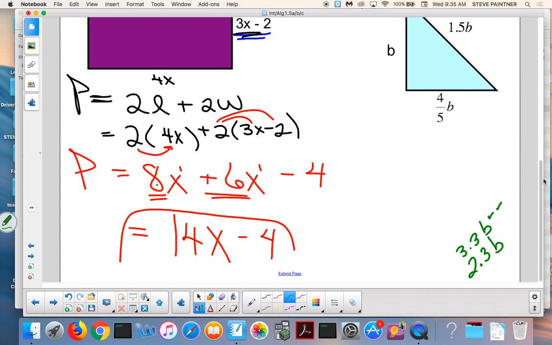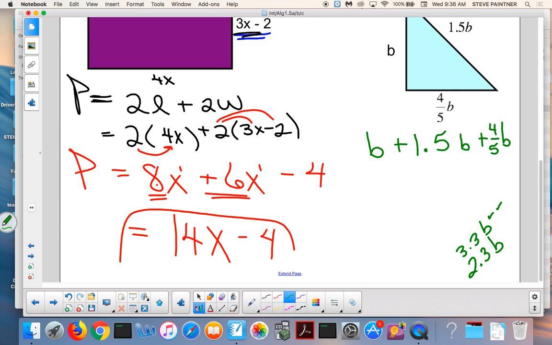It's that side plus that side plus that side. So it's b plus 1.5b plus b plus 4/5 b. It's just add plus add. If you're adding terms, you're looking for like terms. That's a b term, that's a b term, that's a b term. They're all the same.